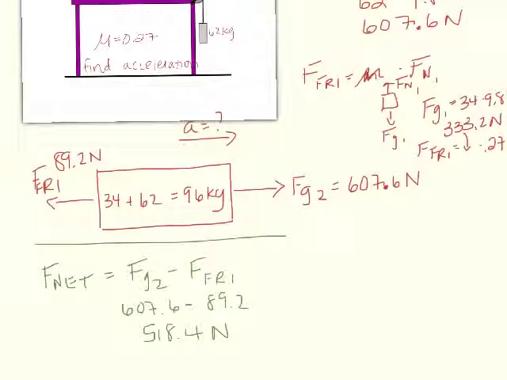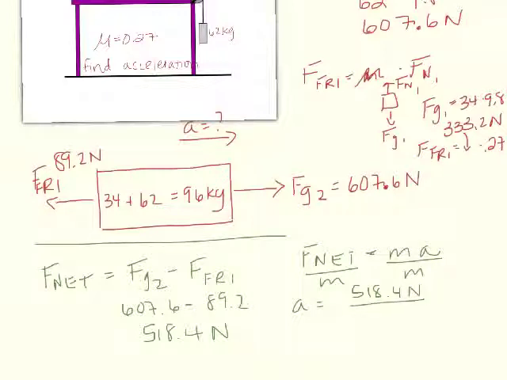So if we want to find acceleration, F net equals ma, divide by mass to get acceleration. So your acceleration is going to be equal to your 518.4 newtons divided by your total mass, 96 kilograms, and you end up getting 5.39 meters per second squared.